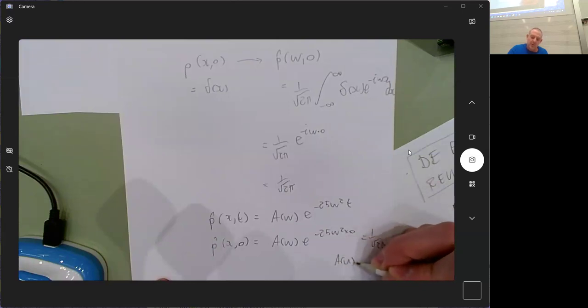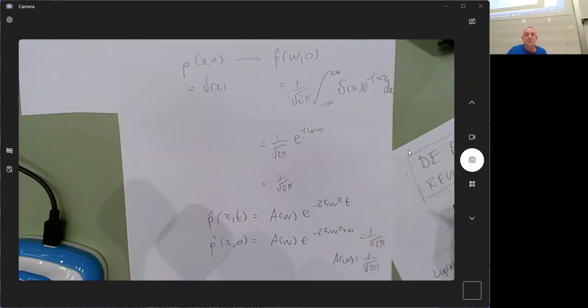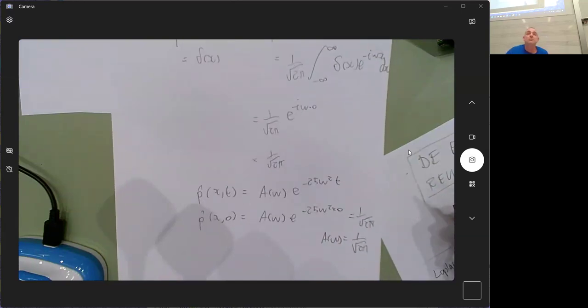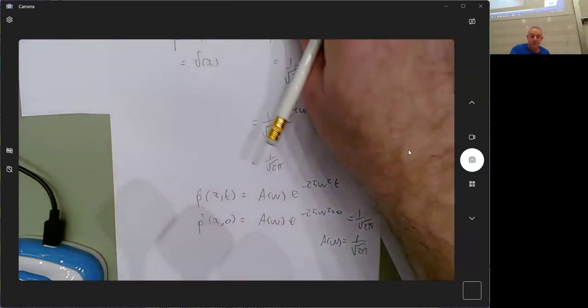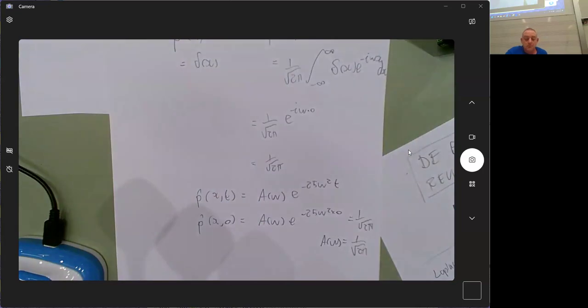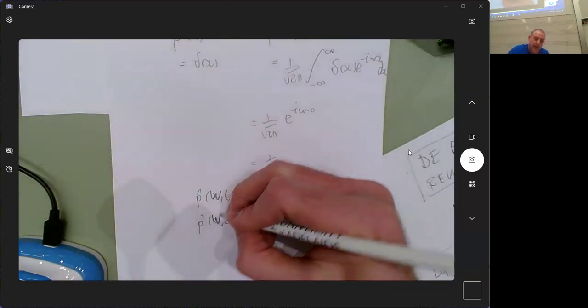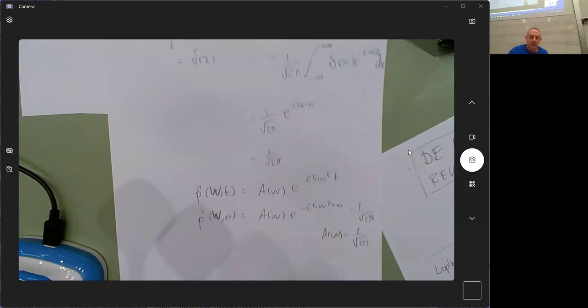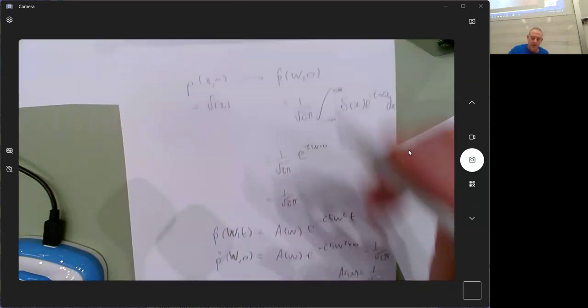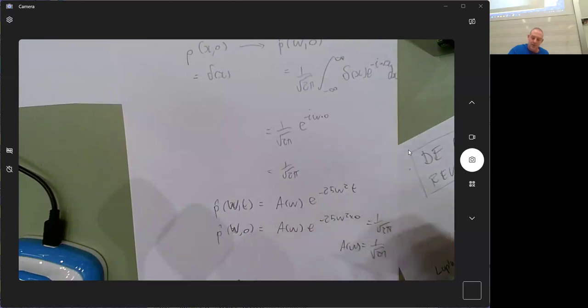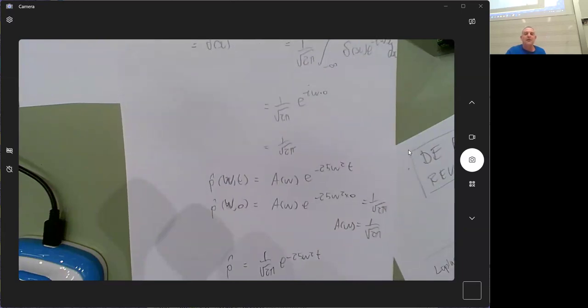And so therefore a(w) is just the number 1 on root 2 pi. Okay. Cool. And so therefore our equation is now that p hat is 1 on root 2 pi e to the minus 25w squared t. And I'm going to have to Fourier transform that.